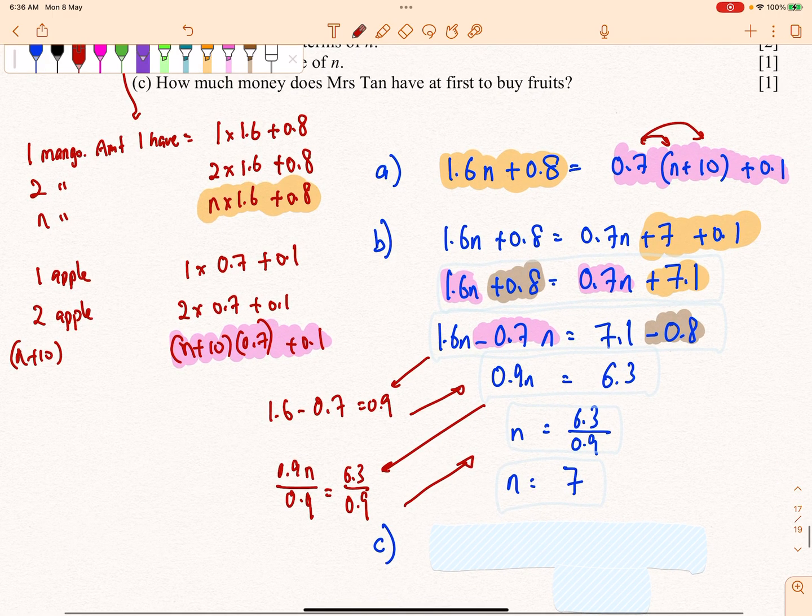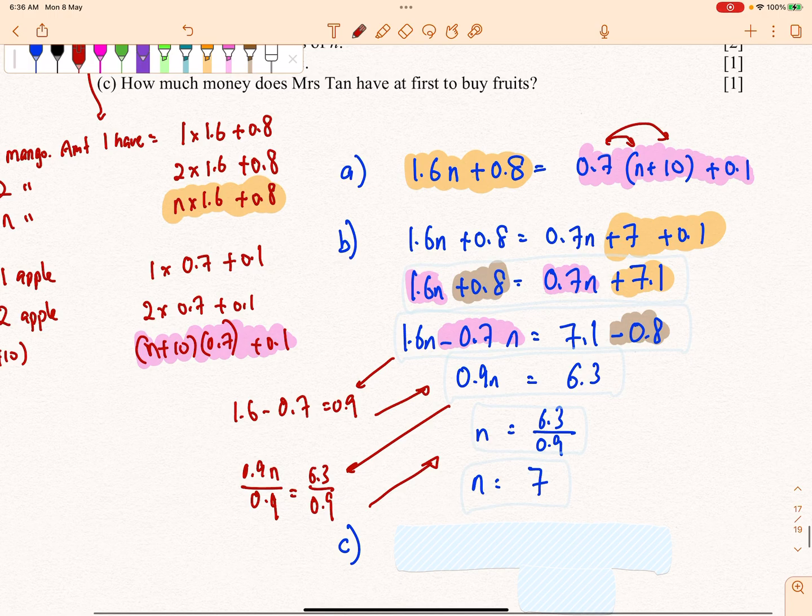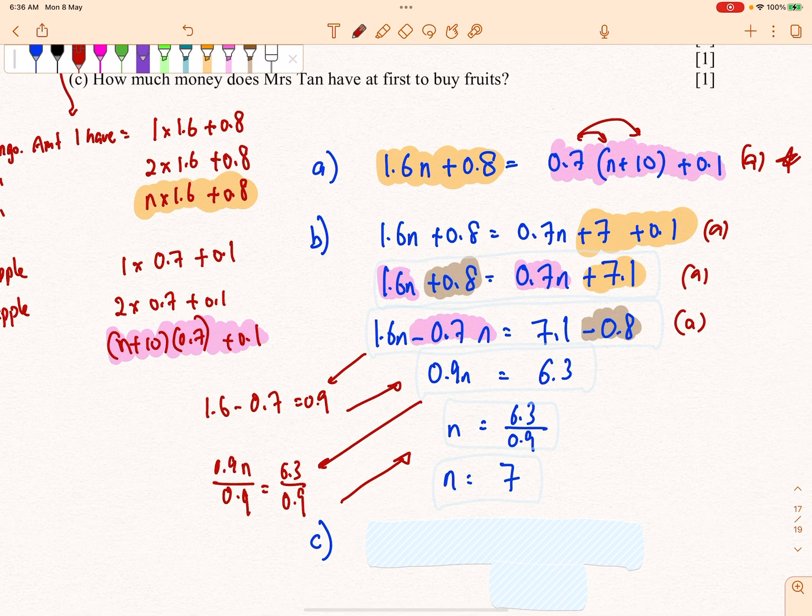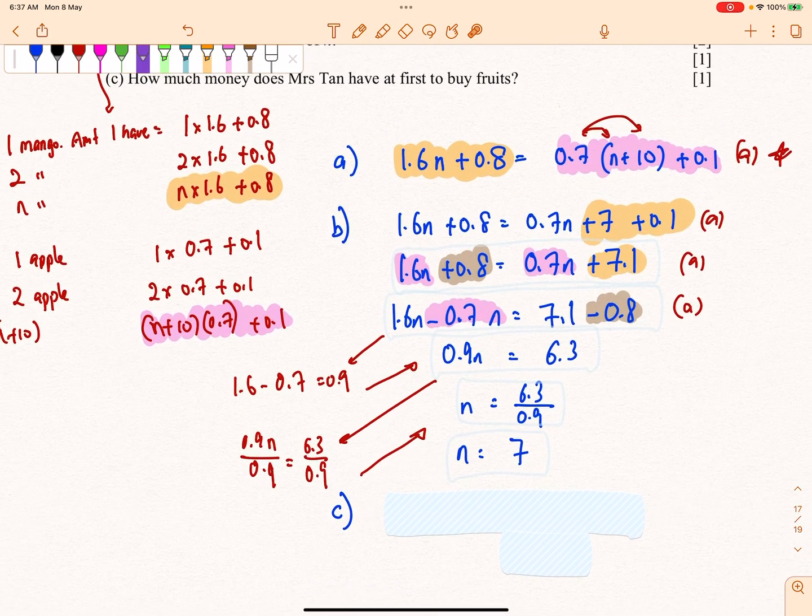Okay, so for question A, you can stop your answer at this, or write your answer as this, or as this. Anywhere along the line, you'll get the answer. My suggestion is to use the first statement. Try to put your answer like the first statement, and that's the final answer.